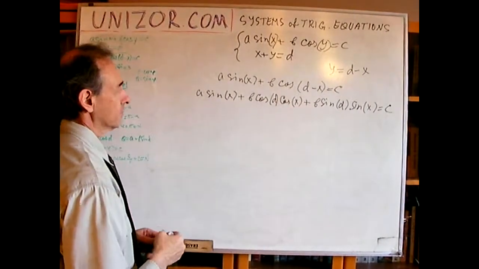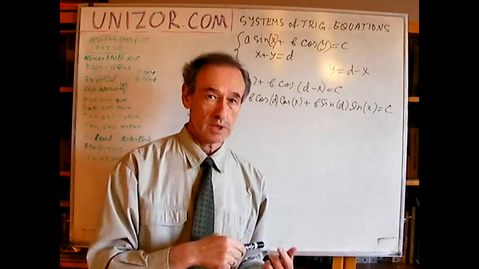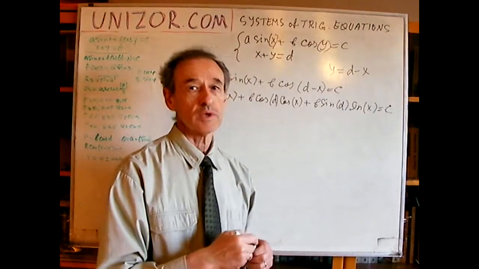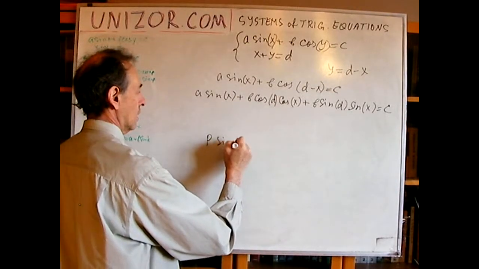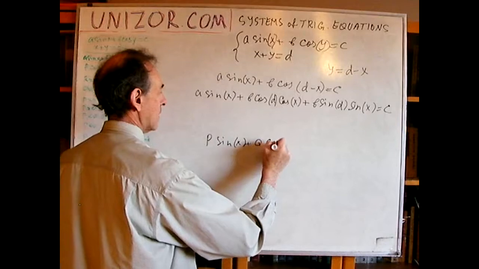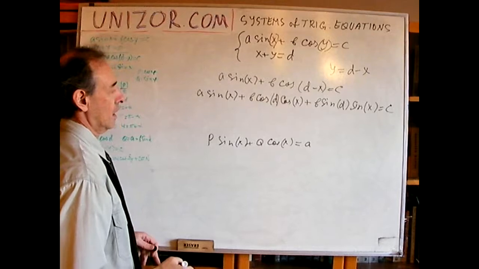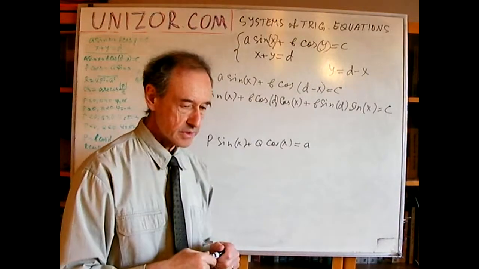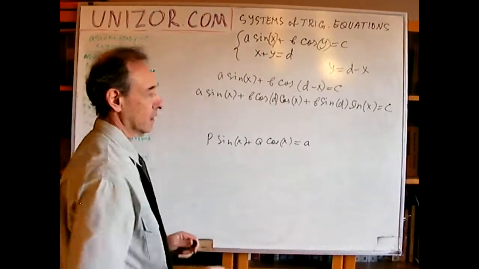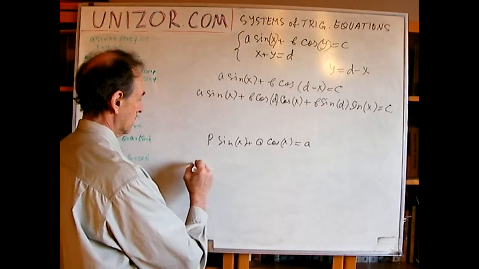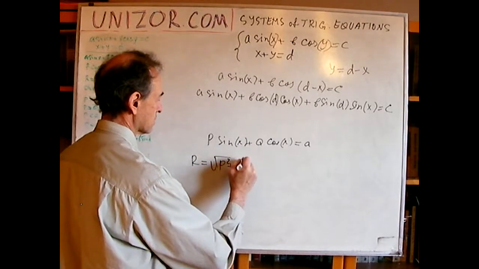Now, if you remember, in one of the lectures dedicated to trigonometric equations, I was solving an equation like p sine x plus q cosine x equals a, whatever. And the way I solved this equation was I multiplied and divided this by r equals the square root of p squared plus q squared.